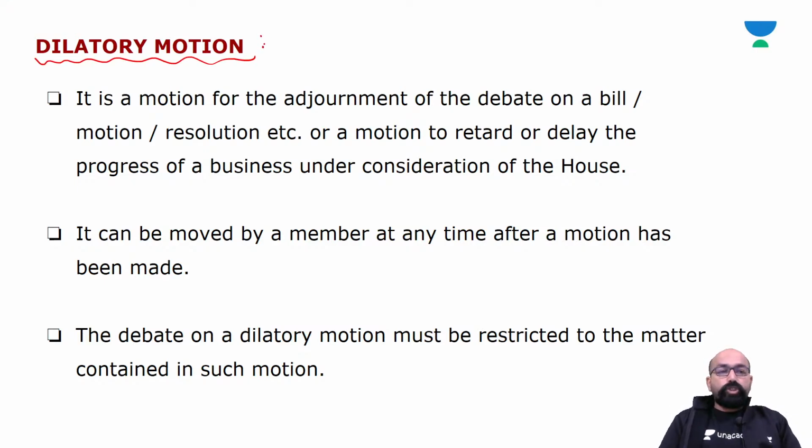So, it is a motion for the adjournment of the debate on a bill, motion, or resolution, or a motion to retard or delay the progress of business under consideration of the House. Yes, it can be moved by a member at any time after a motion has been made.